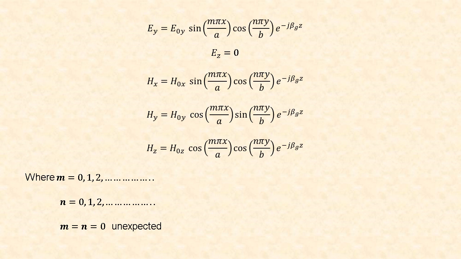Next, the magnetic field intensity in the z direction, Hz, is equal to H0z cos(mπx/a) cos(nπy/b) e^(-jβg z). Here m is equal to 0, 1, 2, etc.